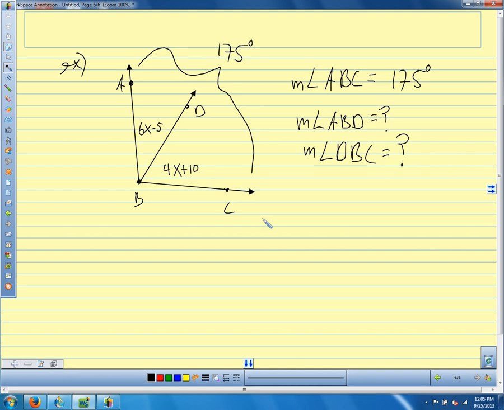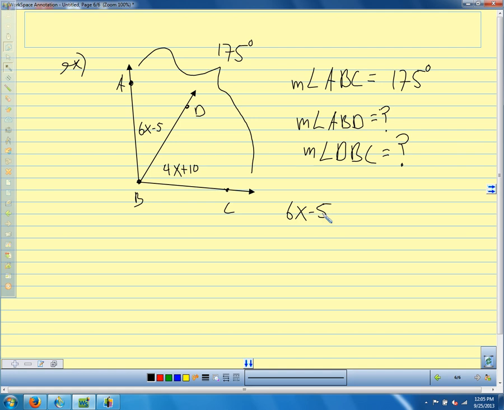So what's one of the smaller angles? What does the problem tell us it is? ABD. And what is its measure? 6x minus 5. And we said we're adding the small angles.